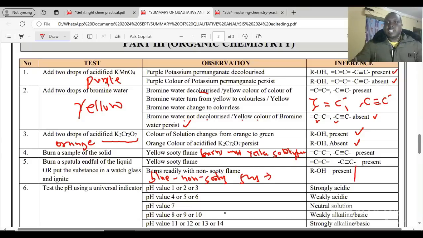You can even say an alkane is present. Alkenes are unsaturated, so they burn with a sooty flame. Alcohols and alkanes are saturated, therefore they burn with a blue non-sooty flame.